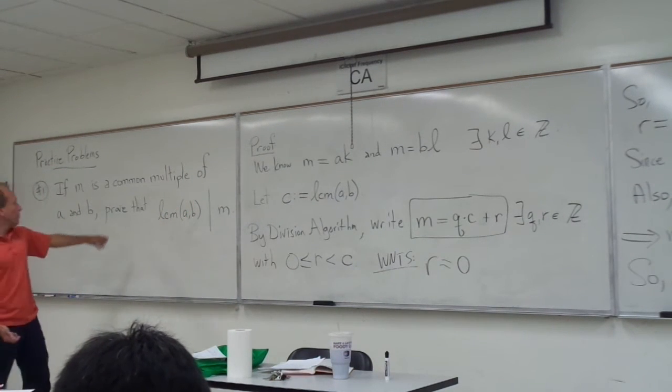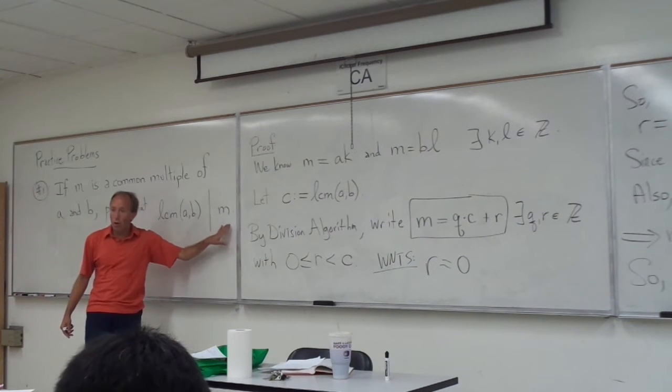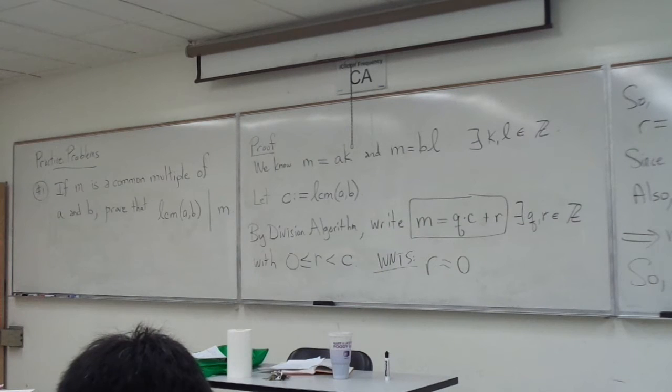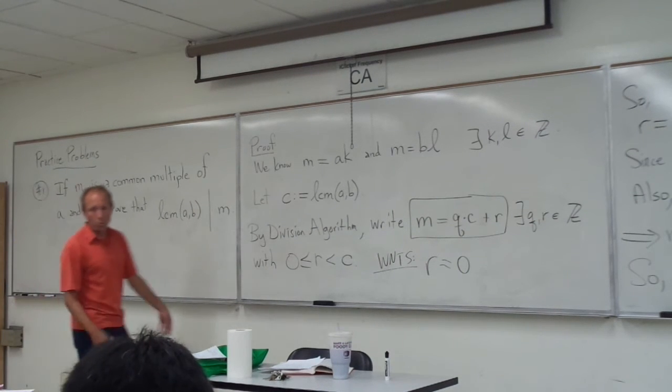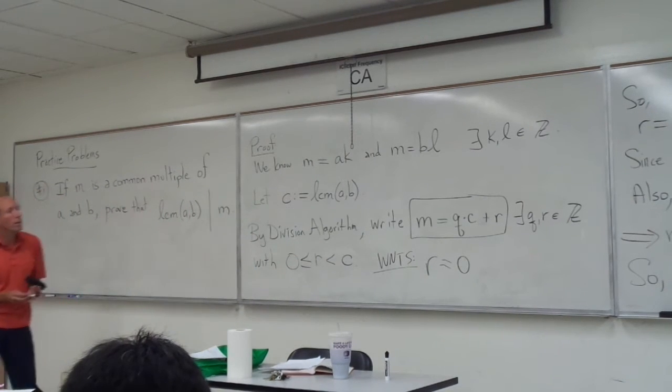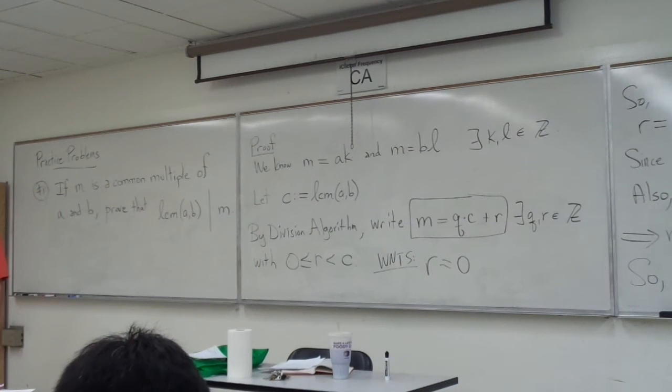I mean, you're really trying to prove that M is congruent to 0 mod C, right? That's just a rephrasing of the thing that you're trying to prove. But sometimes looking at things in modular arithmetic world is more natural for you. Divisibility is sometimes a little bit slippery. Okay, so far so good.